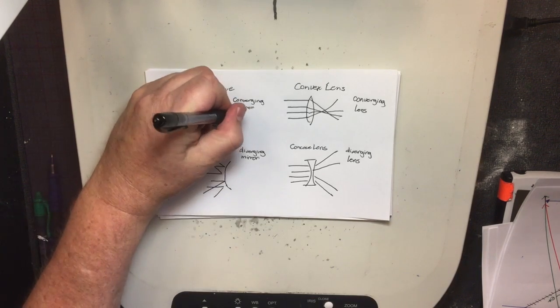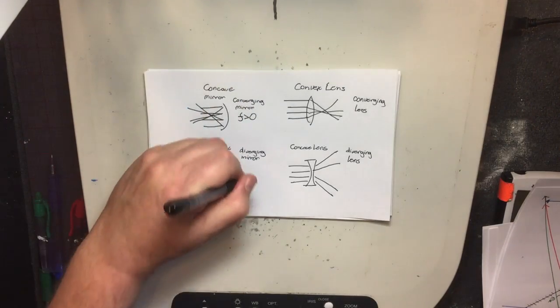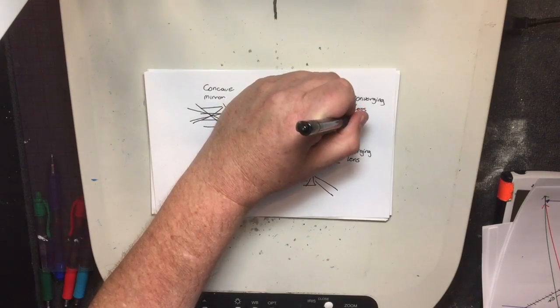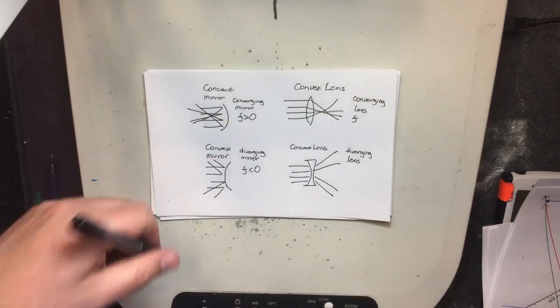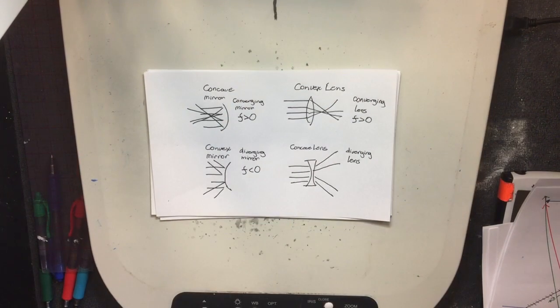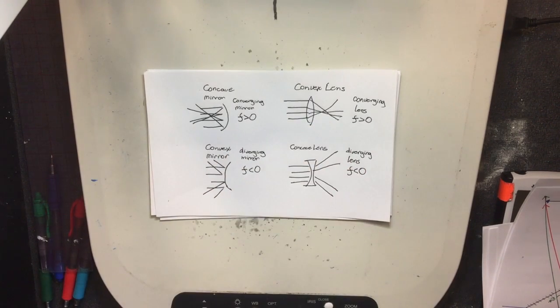Concave mirrors have positive focal length. Convex mirrors have negative focal length. And what you'll find is that if it is a converging lens or mirror, the focal length will be positive. If it is a diverging mirror or diverging lens, the focal length would be less than 0.